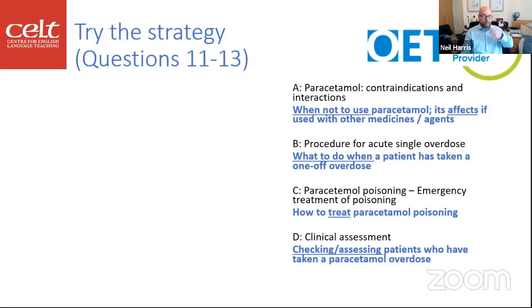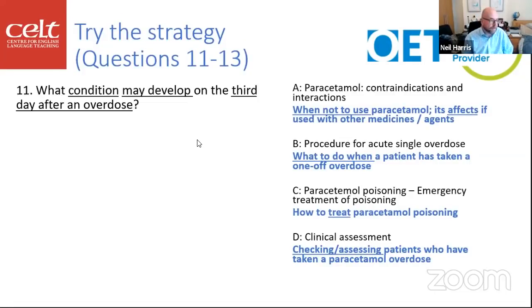And this time what I'll do is we'll do it question by question. So let's begin with question 11. I've underlined the keywords for you, and it's what condition may develop on the third day after an overdose. And what we need to do here is decide which text for question 11 you think this may appear in.